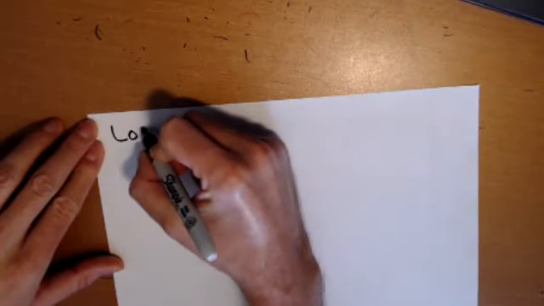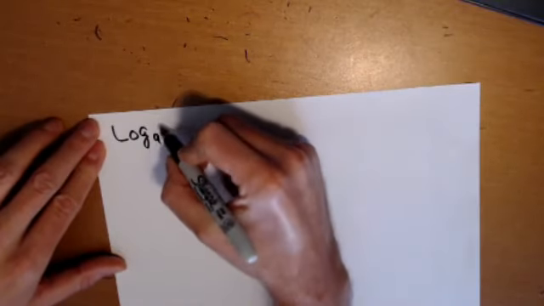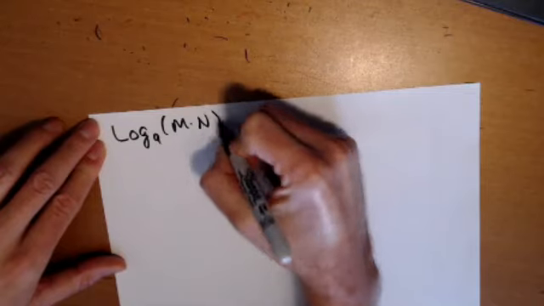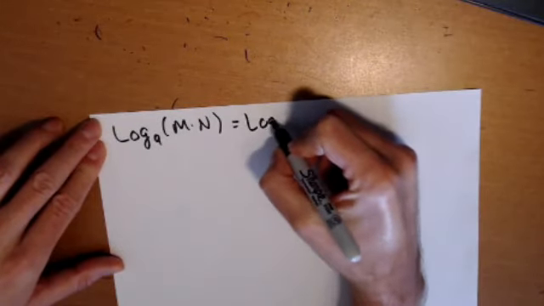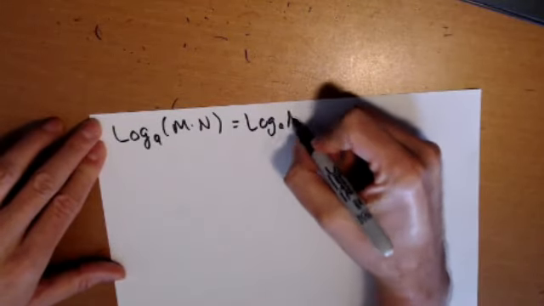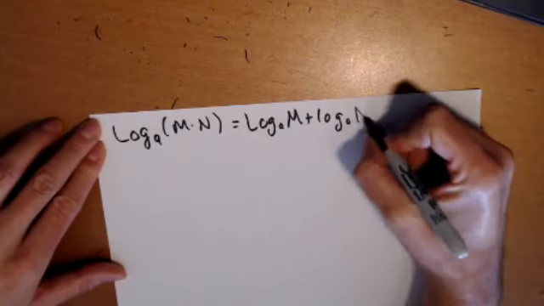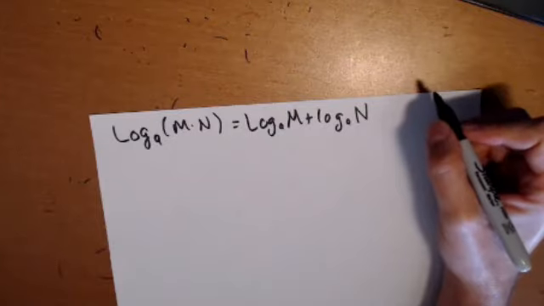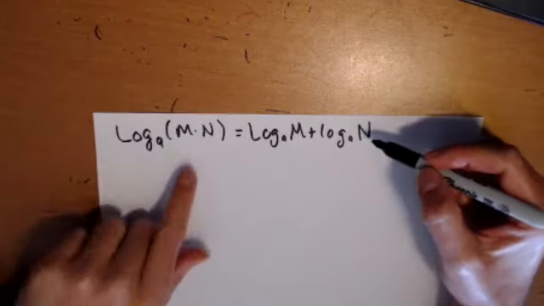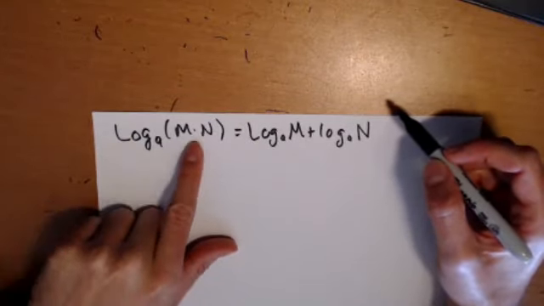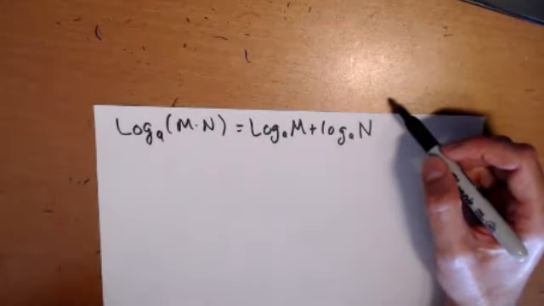We're going to use this idea: log base a of m times n is log base a of m plus log base a of n. Just go with it. Within a logarithm, multiplication breaks up into addition.